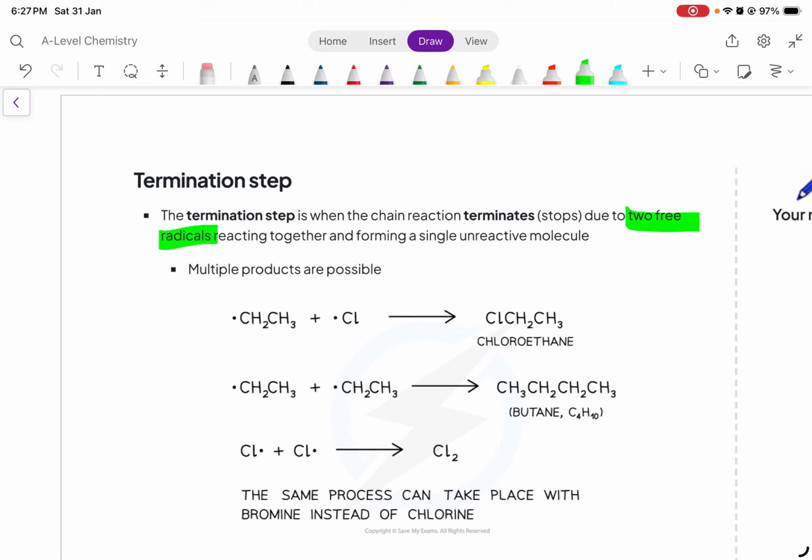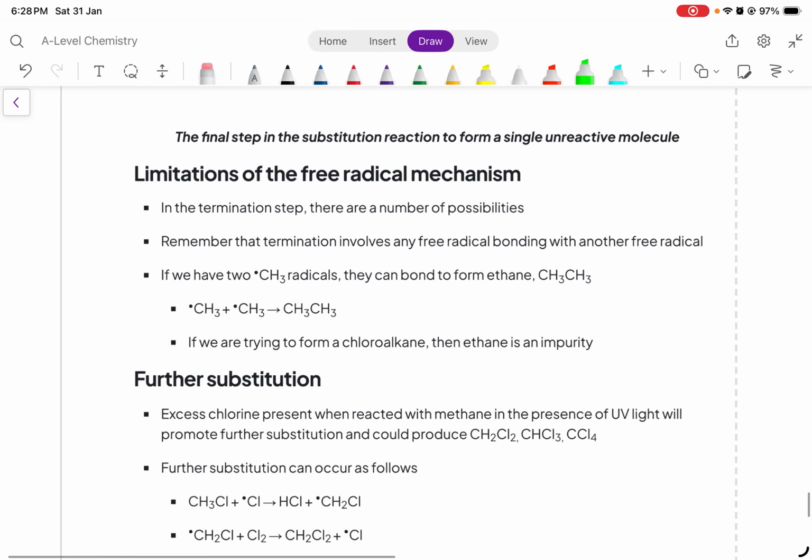For example, Cl combining together stops it. Another case is when we have no more free spaces, for example from this to this, combining into butane. Another one is Cl combining directly together. As long as it becomes unreactive, it will stop. Now, what is the limitation?